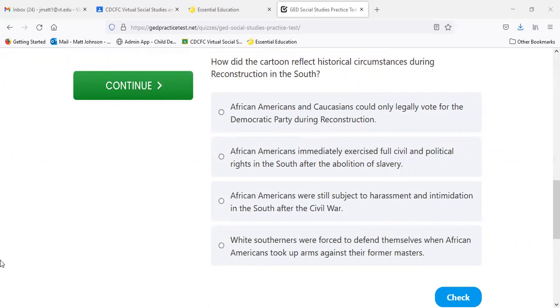A, African Americans and Caucasians could only legally vote for the Democratic Party during Reconstruction. B, African Americans immediately exercised full civil and political rights in the South after the abolition of slavery. C, African Americans were still subject to harassment and intimidation in the South after the Civil War. D, white Southerners were forced to defend themselves when African Americans took up arms against their former masters.